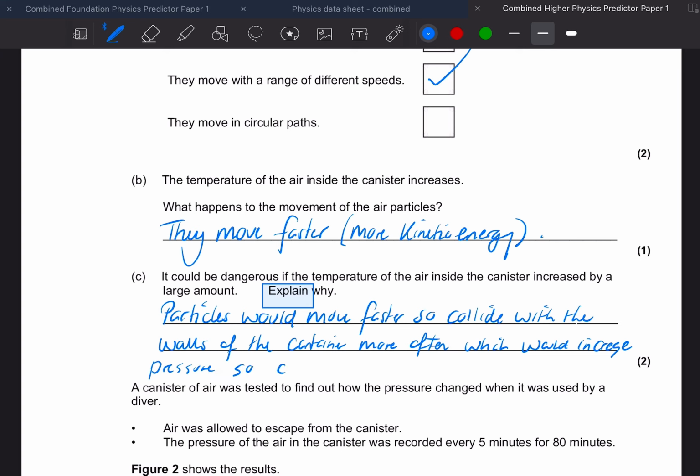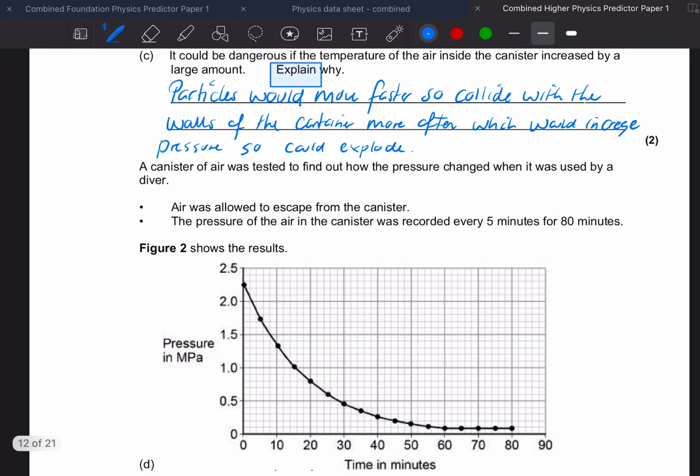So could explode. If they're hitting the walls with enough force, eventually the canister might explode. So 2 marks. We've said that they'll move faster, and the pressure will increase, and we said that they could explode. So that'll be enough for 2 marks.